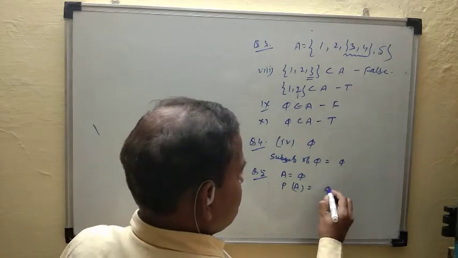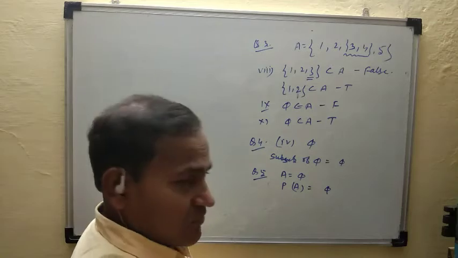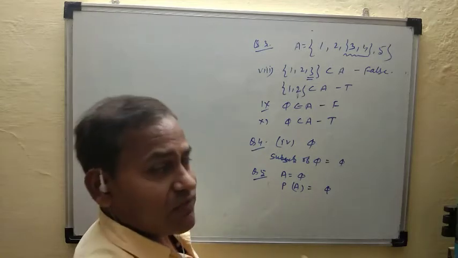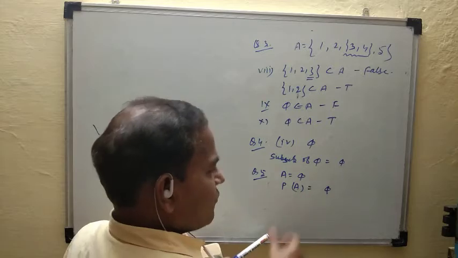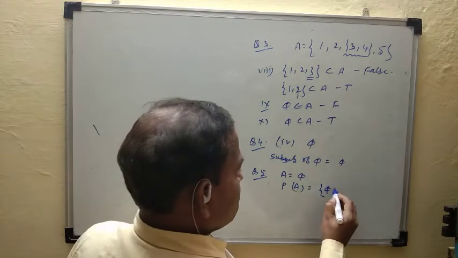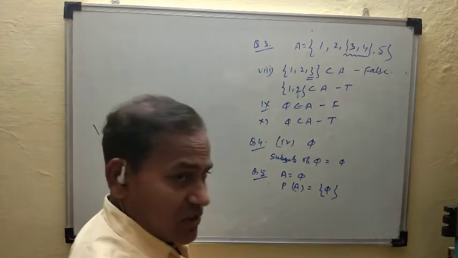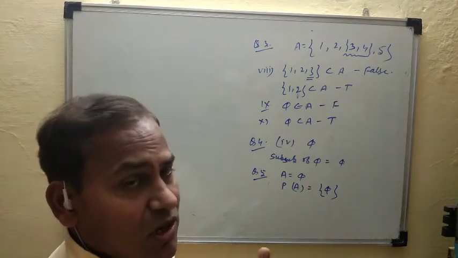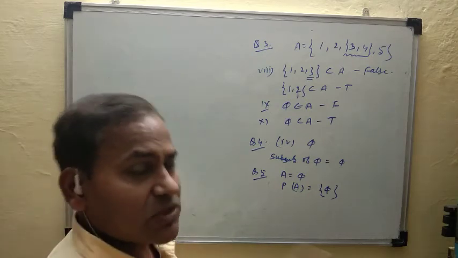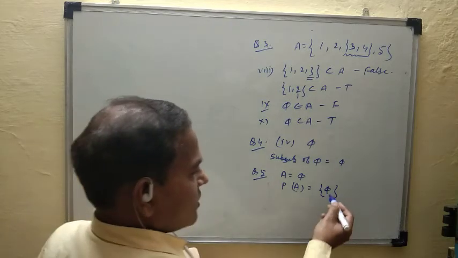All subsets, that is only phi. Phi is the subset of every set. So phi is the one element in P of A, and close this curly bracket, because power set is the set whose all elements are the subsets of set A. So this is a power set.